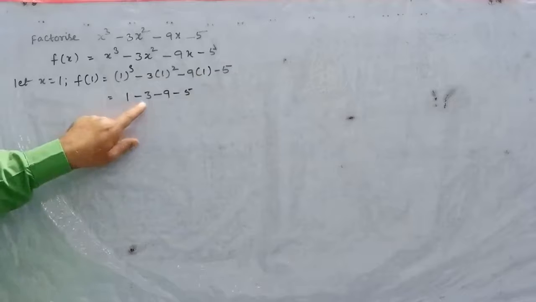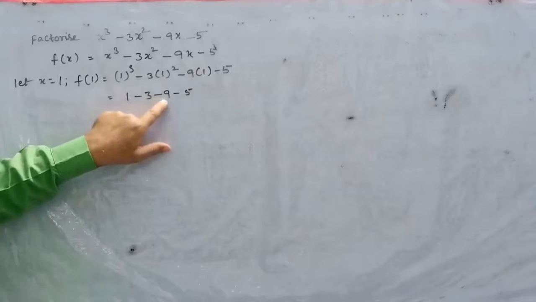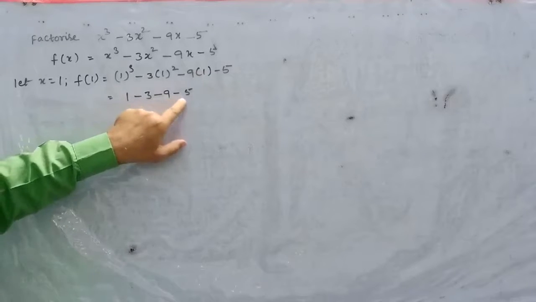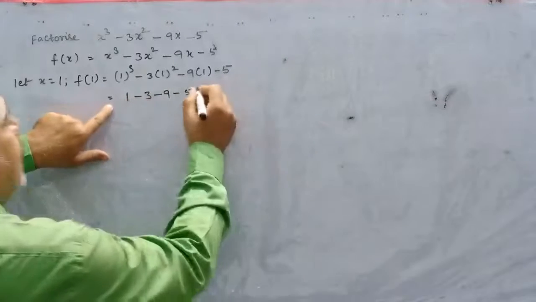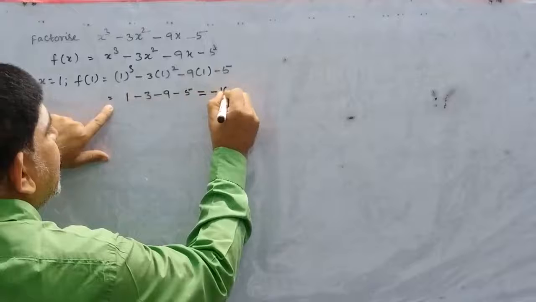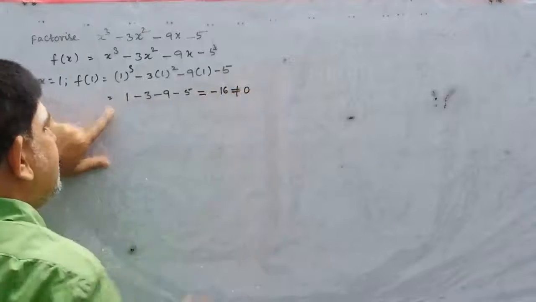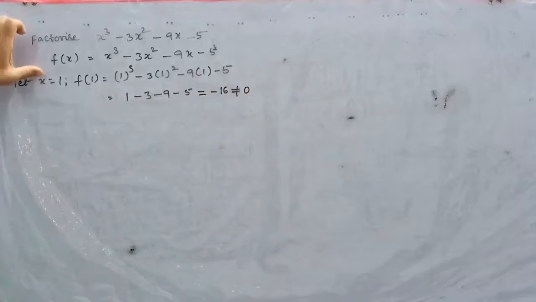Now minus 3 minus 9 is minus 12, minus 5 is minus 17, minus 17 plus 1 is equal to minus 16. So this is not equal to 0. That means x is equal to 1 is not a factor of f of x.